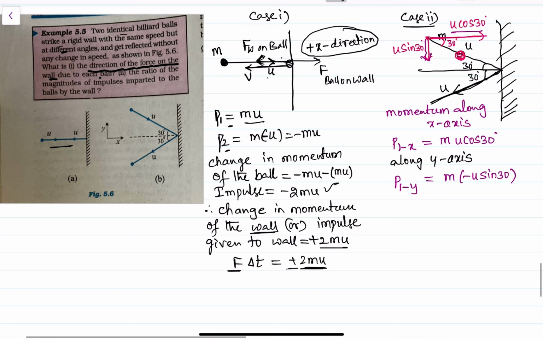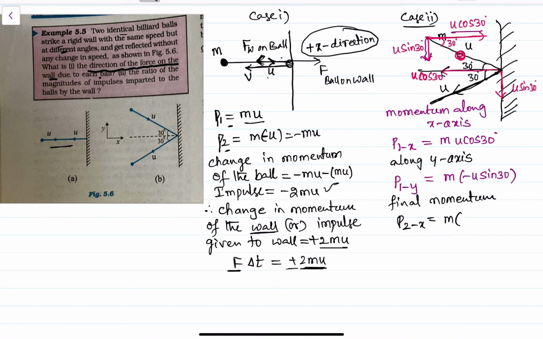Now I am resolving this velocity into components again. The x component is u cos 30 and the y component is u sin 30. So now I am writing the final momentum. P2x is mass into velocity.